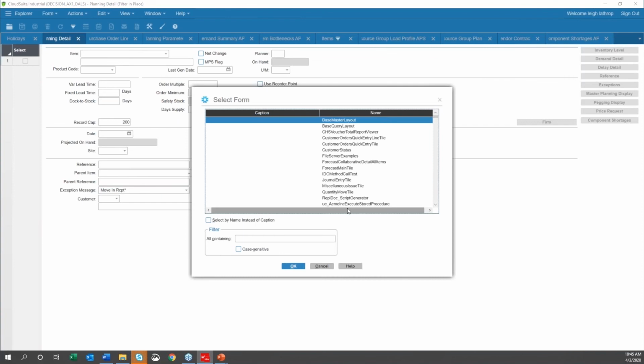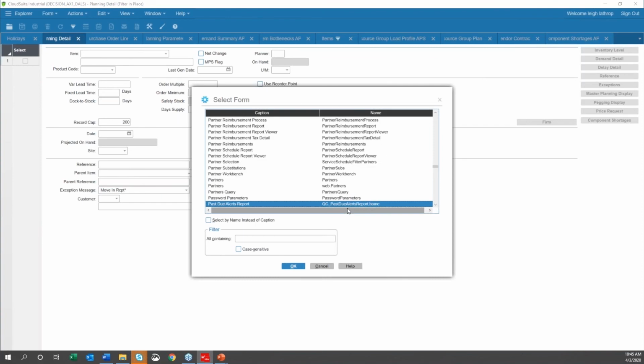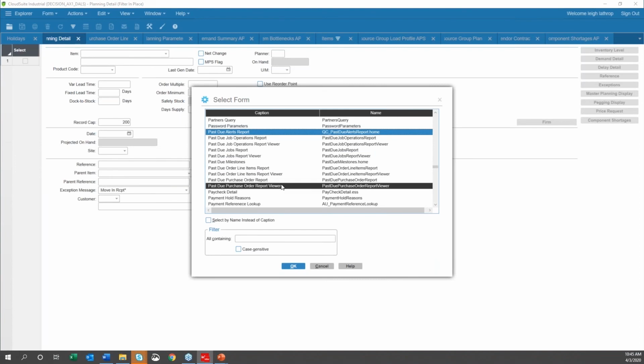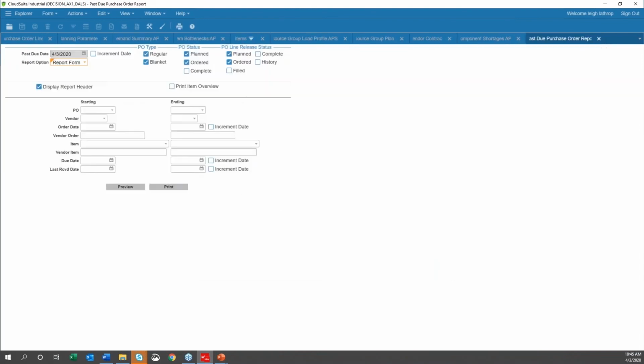If we're running the past due purchase orders report, and I take this purchase order due date and crank it somewhere out into the future, it's not only going to show me the current past dues, but it's also going to show me anything that will be past due based on this due date.